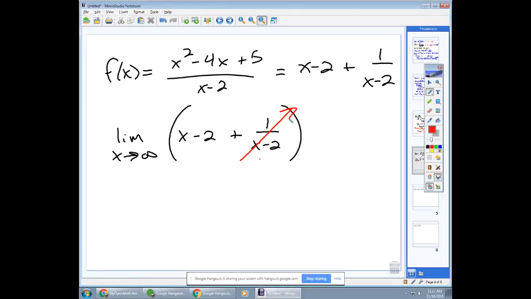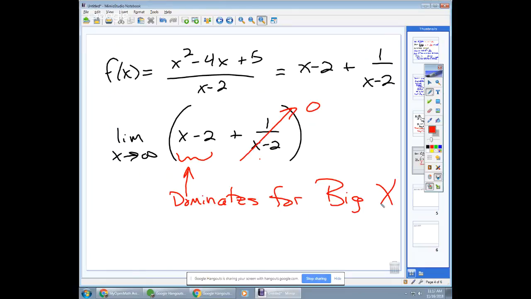Yeah, 1 over a big number is getting close to 0, right? So this thing is going to 0, which means this thing dominates for big x values. So if I zoom out, it's going to look like the line y equals x minus 2. Okay, and we'll check that out in Desmos. So then I think the slant asymptote must be y equals x minus 2.